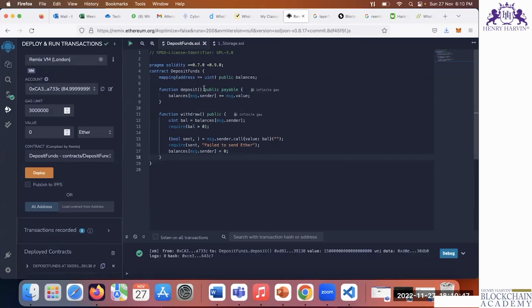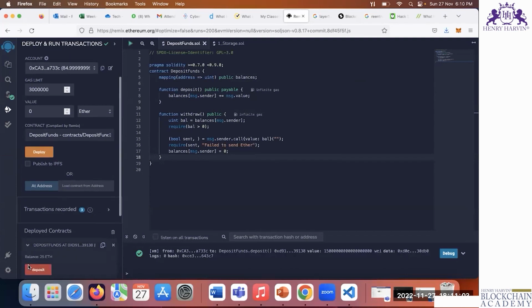So the total is 25 Ethereum in this smart contract.